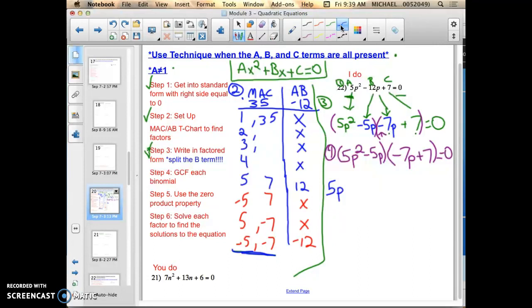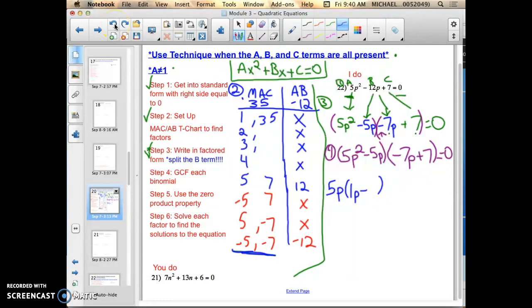The greatest number that goes into 5 is 5. And the biggest value of p that I can factor out is just one of them. All right, so 5p, and then I'm going to write what remains after I divide the GCF from both. 5p squared divided by 5p, 5 divided by 5 is 1. P squared divided by p is just p. All right. Then I move on to negative 5p. So negative 5p divided by my GCF.